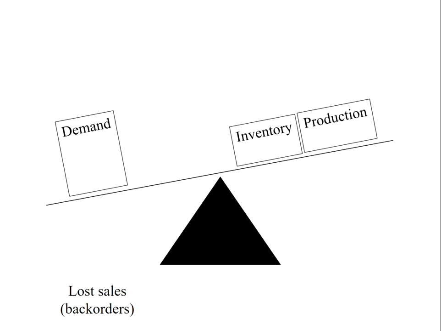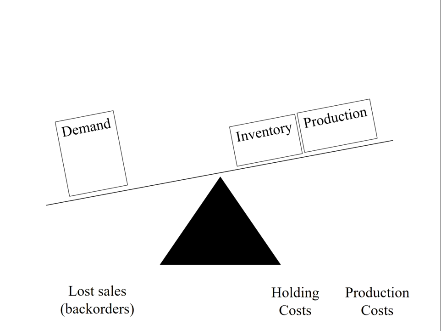The cost of not having the inventory when the customer wants it is lost sales, or what we'll term as back orders. If we have too much inventory by either producing too much or storing too much, we encounter holding costs, or what we call carrying costs. That's the interest and the insurance and the taxes that we have to pay on inventory when it sits in our warehouse.